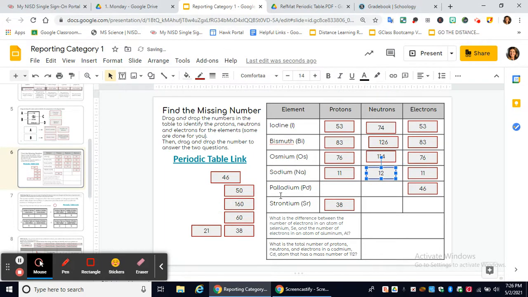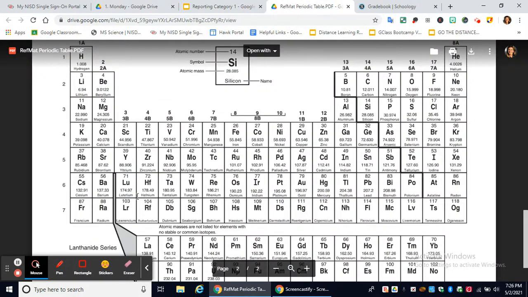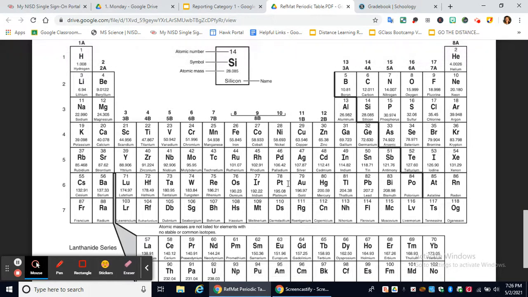And then we're going to look at palladium, PD. But before we do that, remember your number of electrons equals your number of protons, always the same in a neutral atom. Okay, so PD. Let's see, PD. Here, it's PB, that's lead. We want PD.